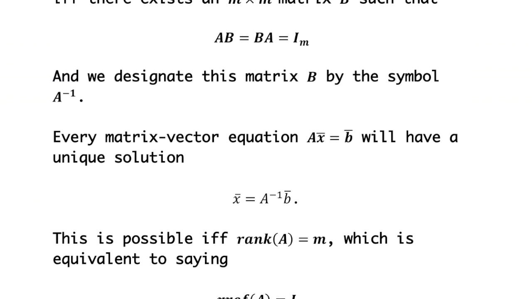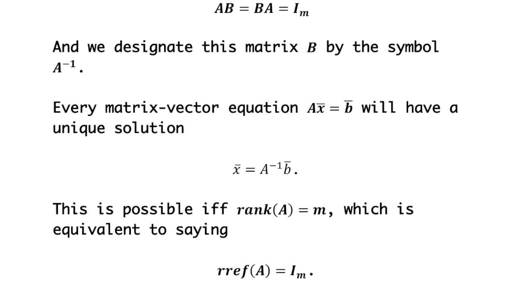Every matrix vector equation of this form, A times an unknown vector x equals a known vector b, will have a unique solution, x equals A inverse b. This is obtained by just using this equation directly above and multiplying on the left by A inverse on both sides and simplifying. I will leave that as an exercise for you as well.